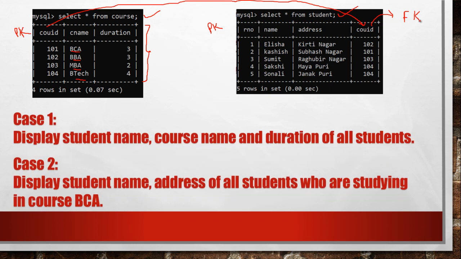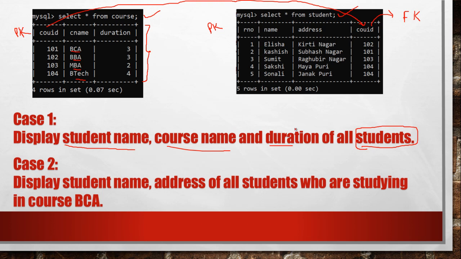There are two cases which show that we can combine the data of these two tables. Suppose someone asks me to display the student name, the course name and the duration for all students. So we have to show the student name, then the name of the course in which the student is enrolled, and also the duration of that course.